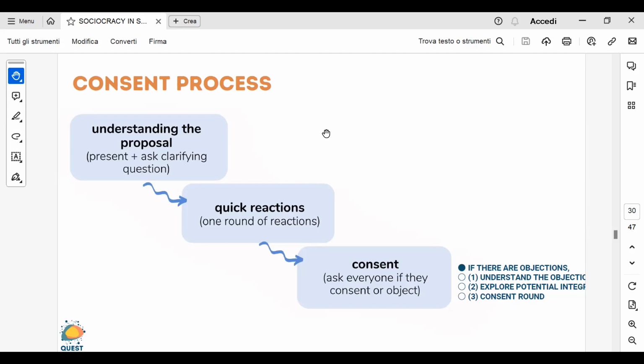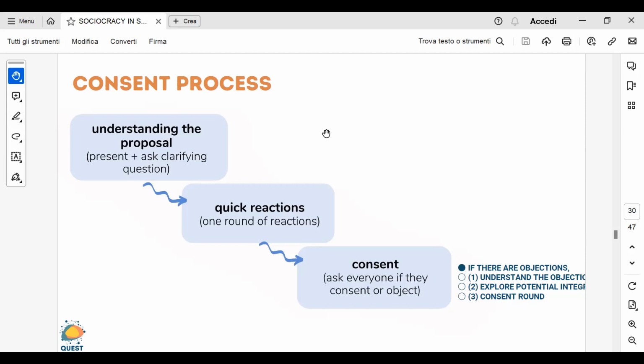And this is important because at the end of this very quick round, and it has to be quick, otherwise we get stuck, the person that presents the proposal can decide to change something, adjusting the proposal according to what the others said. And at the end of this, when the person that presents the proposal might change and reformulate it, there is another round that is the round of consent.